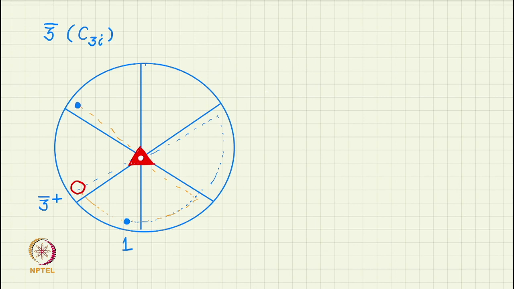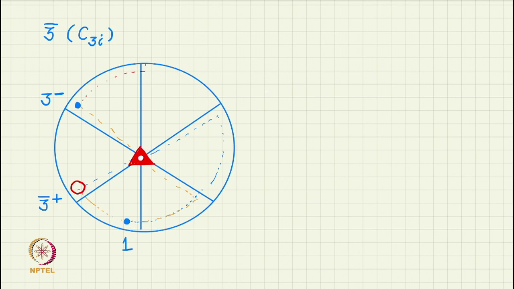Now, from your threefold axis stereograms, you can see that relation between 1 and this new point is nothing but 3 minus. It is a clockwise rotation by 120 degree. So, a negative rotation by 120 degree. So, applying 3 bar plus 2 times, I get 3 minus. Now, you have got the feel that how it is going to go.